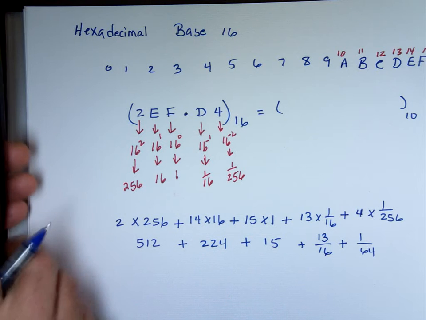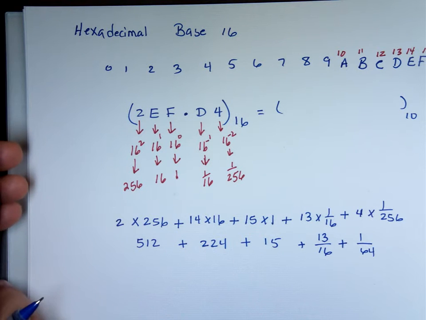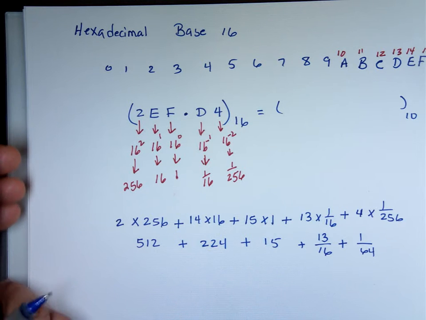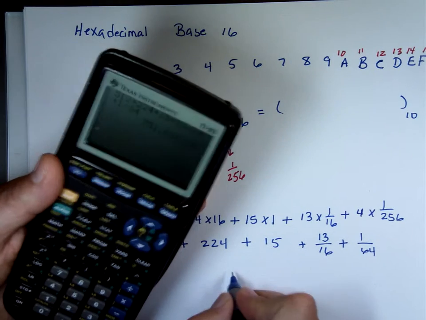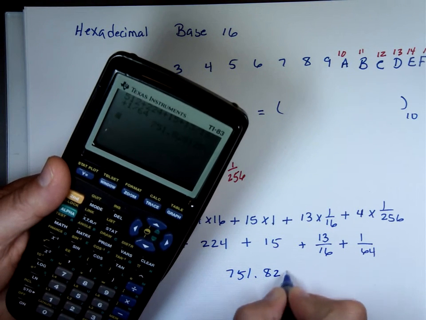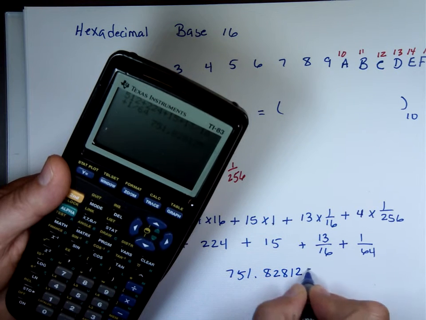So let's see what that number is: 512 plus 224 plus 15 plus 13 divided by 16 plus 1 divided by 64. That's 751.828125.